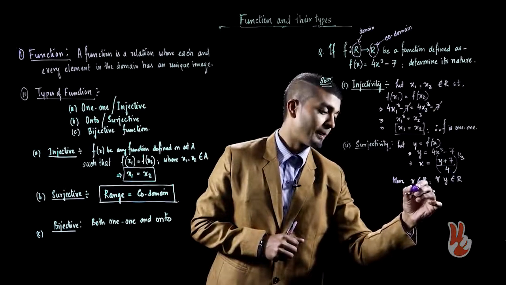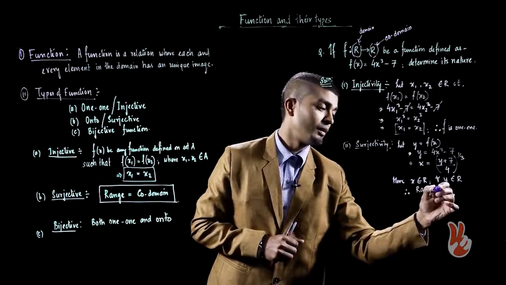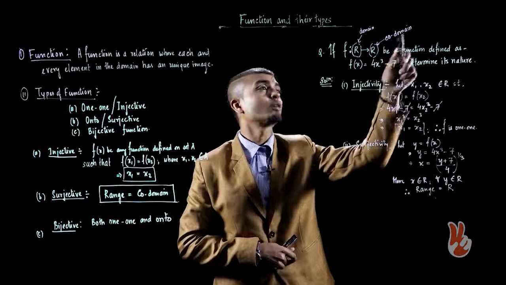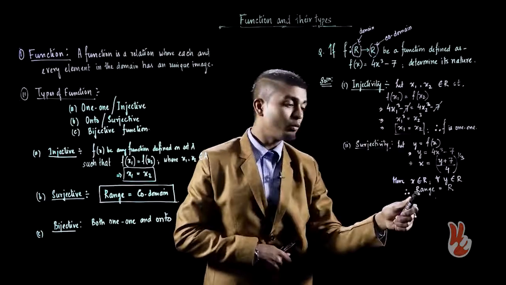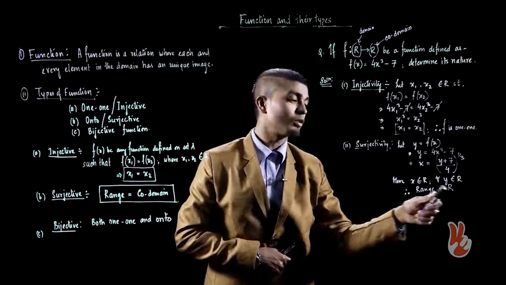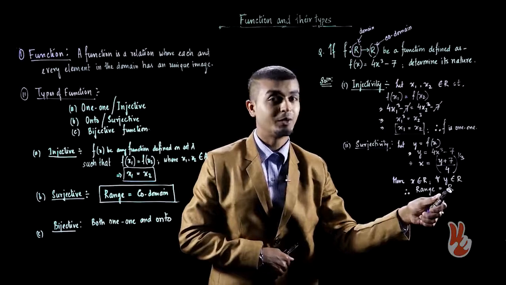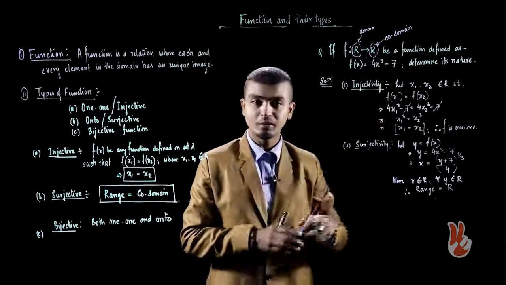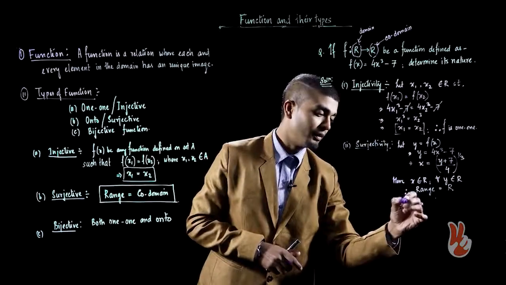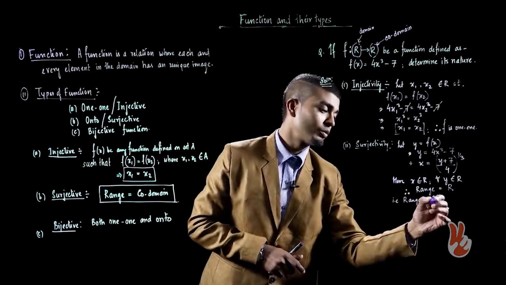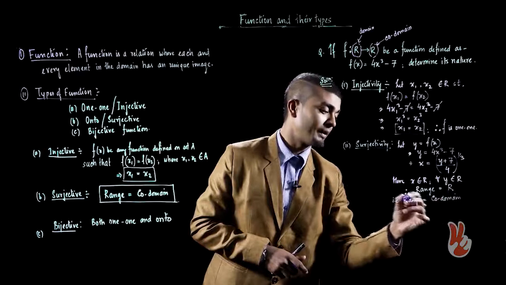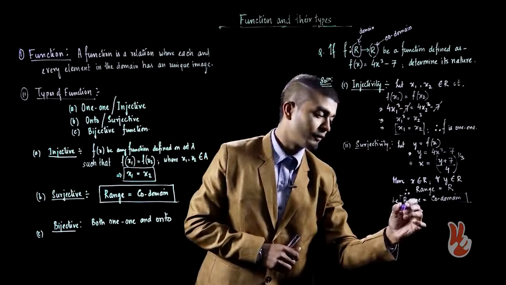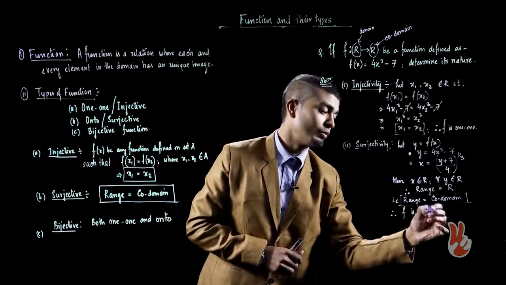Therefore, the range is equal to the real numbers. But initially I have already told that the codomain is also the set of real numbers. So what do you think? Can't you compare and see that the range is equal to the codomain? That is, range is equal to codomain. So if it happens, then I can infer that the function f is onto.